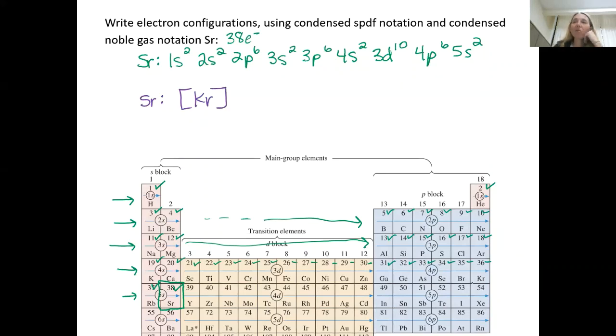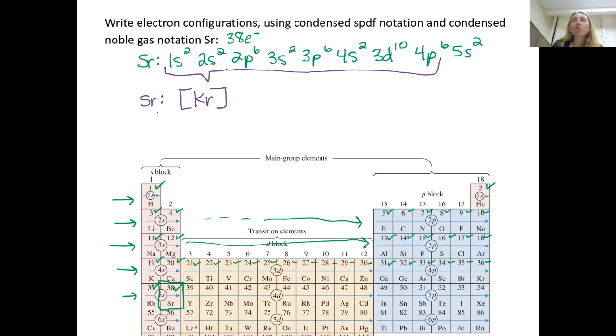So if I get all the way up to krypton, it's going to have this configuration that's 1s2, 2s2, 2p6, 3s2, 3p6, 4s2, 3d10, 4p6, right? So krypton has that electron configuration.